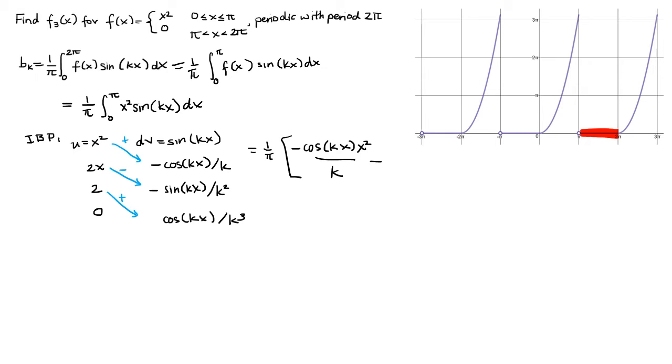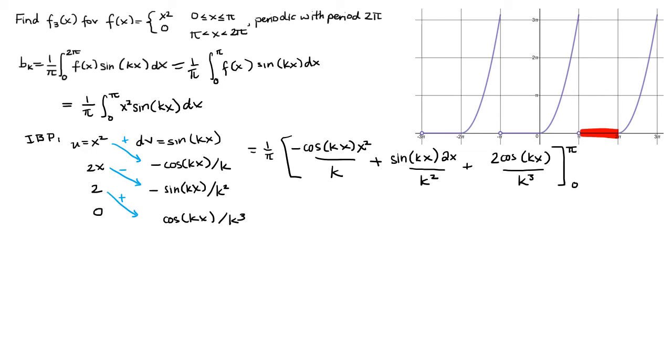So those two minuses become a plus, so I get plus sine of kx times 2x over k squared. And then we have plus 2 times cosine of kx over k cubed. And we're evaluating between 0 and pi.